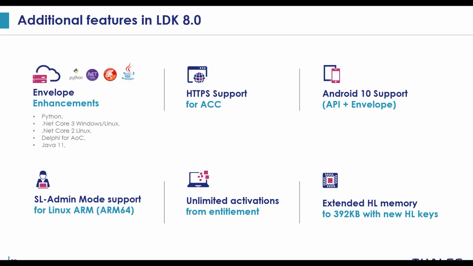We have the possibility to set an unlimited amount of activations, and with our new generation of hardware keys, we can now use up to 392 kilobytes of memory where you can store a certificate, or any other information you maybe want to carry with a license on a hardware key.